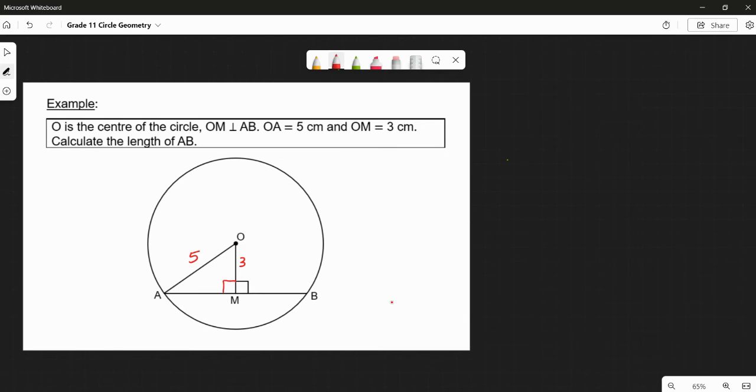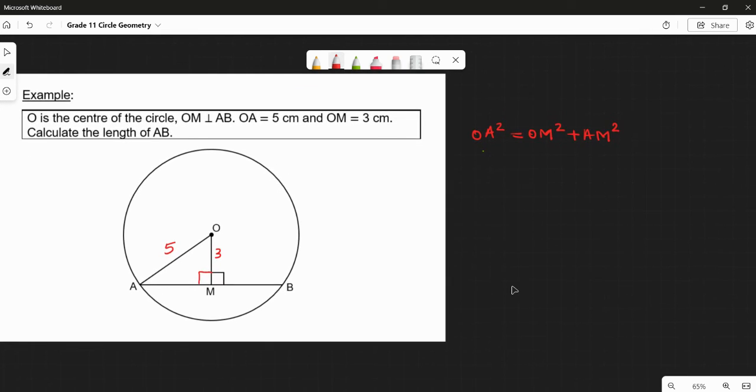Remember that axiom we spoke about. According to the theorem of Pythagoras, OA squared is equal to OM squared plus AM squared. If that is that, we need to provide reasons now. So the reason here is Pythagoras, or you can write theorem of Pythagoras.